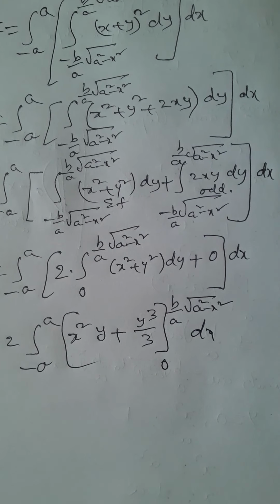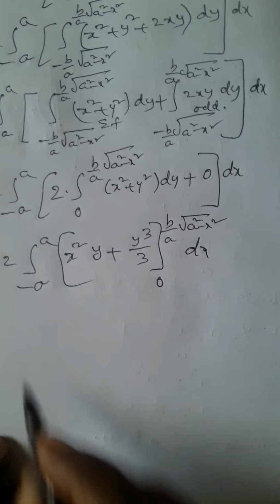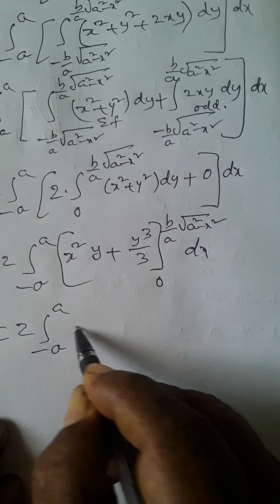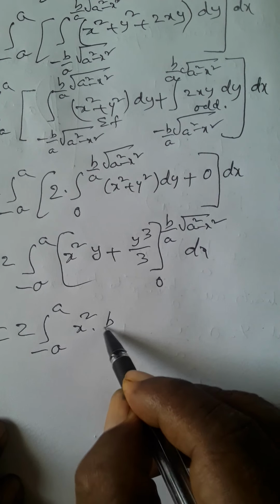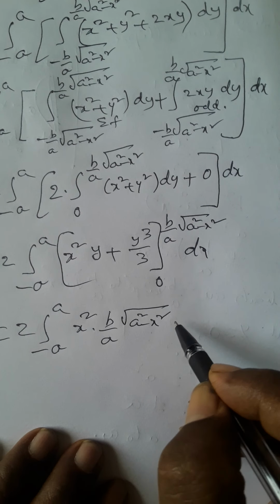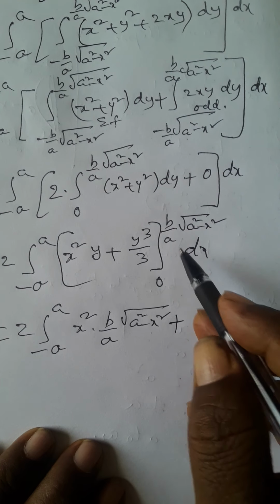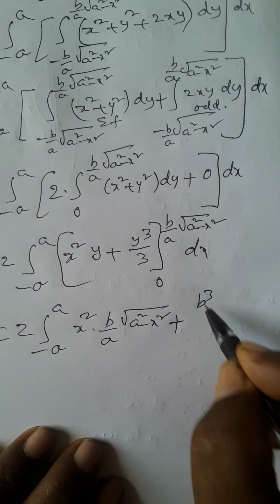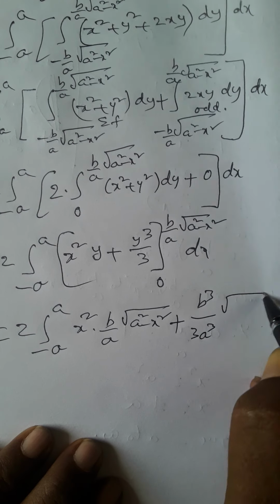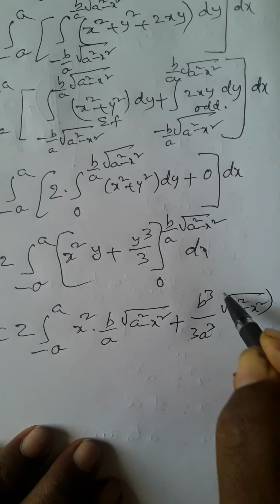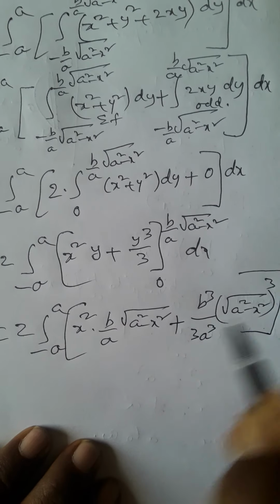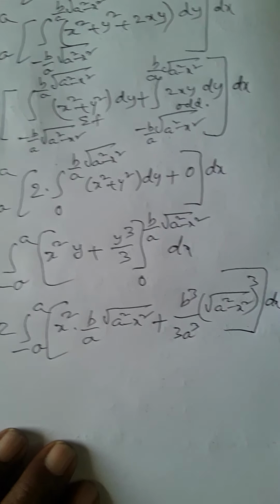Substituting the upper limit: 2 integral from minus a to a, x square into b by a root of a square minus x square, plus b by a whole cube, b cube, already 3 is there, 3a cube, root over a square minus x square whole cube, dx.